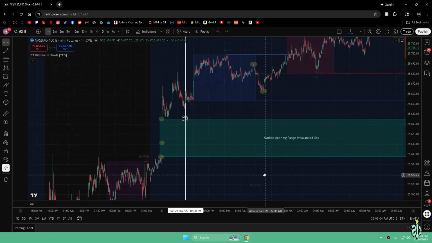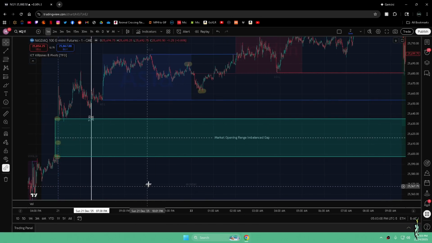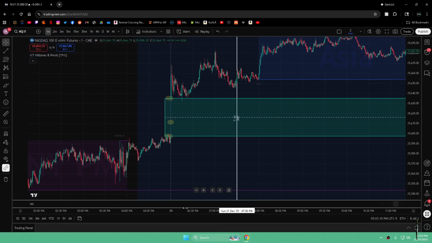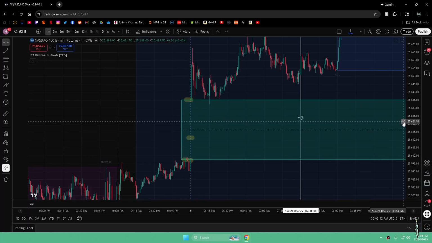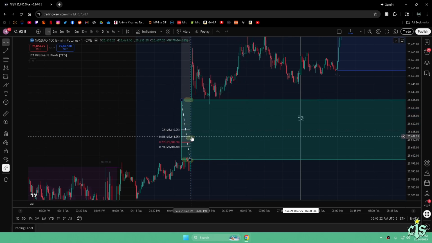Here's our first market opening gap. Let's mark that out from wick to wick. If there's no wick, just body to body. So here's our first fib. Entry zone right here. So we just mark this out. Boom.